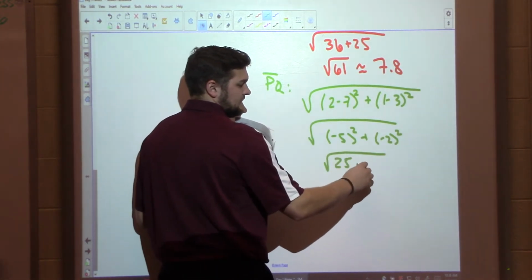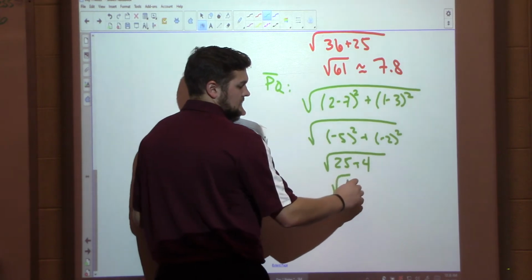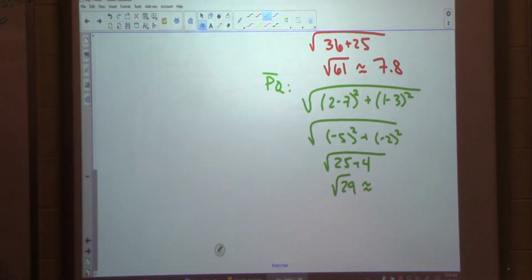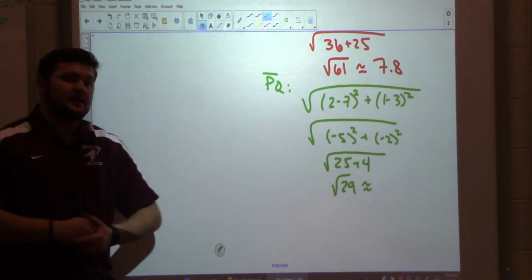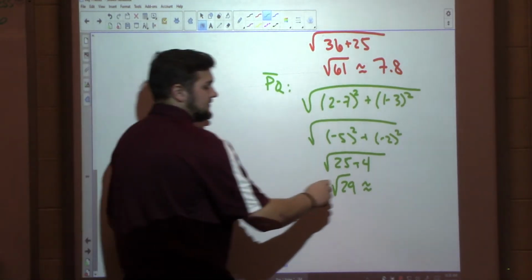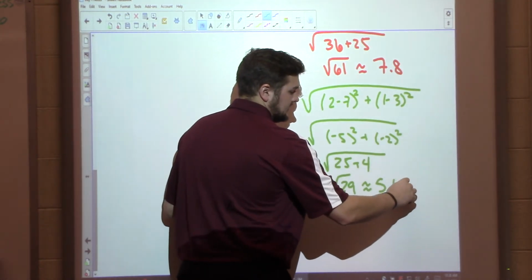In other words, 25 plus 4, or square root of 29. Like I said, getting it set up originally is the most important step. From there, it's just adding or subtracting, squaring them, combining them, and taking the square root. Square root of 29 is not an even number. It's 5.4. We're going to make it a decimal.